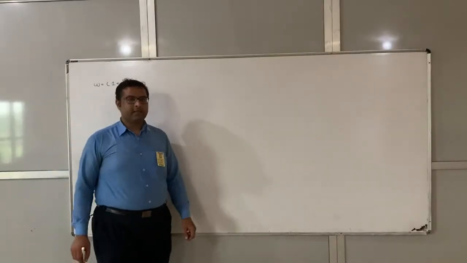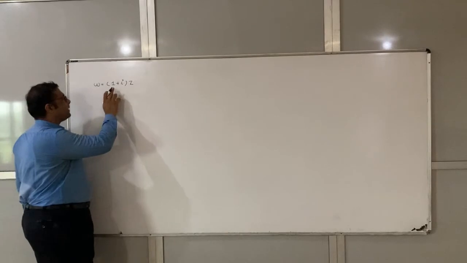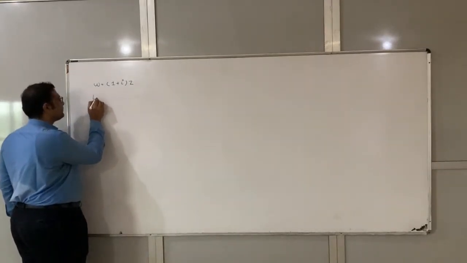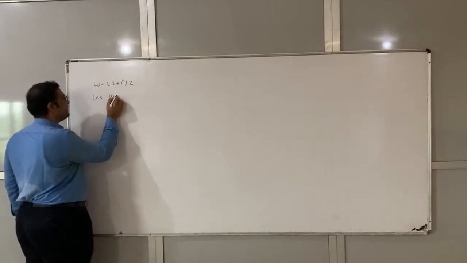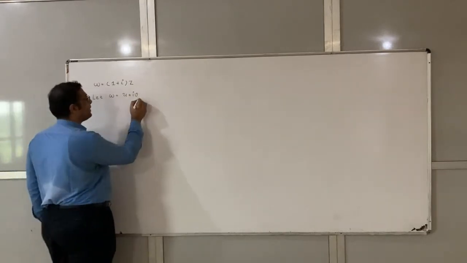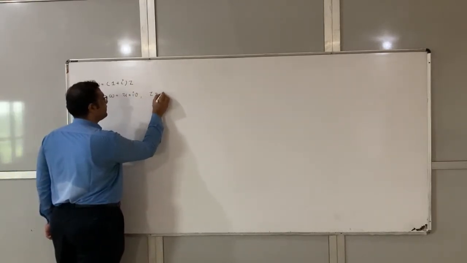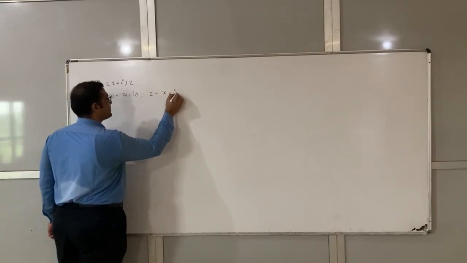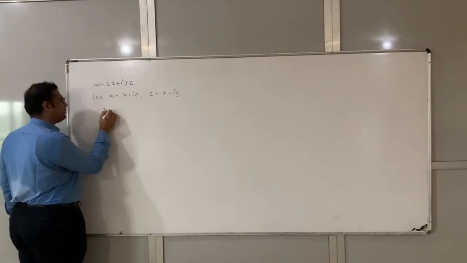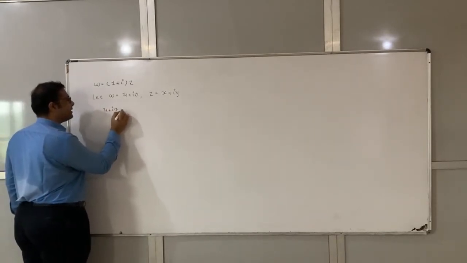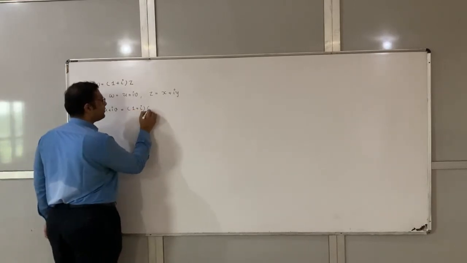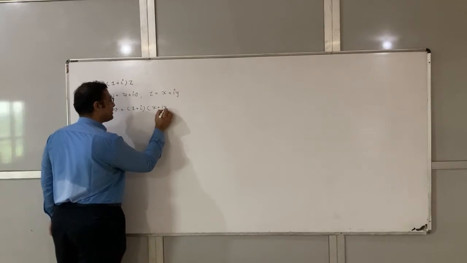In this example, the given mapping is w is equal to 1 plus i into z. Let w is equal to u plus iv and z is equal to x plus iy. So u plus iv is equal to 1 plus i into x plus iy.